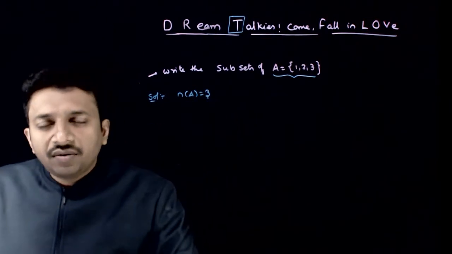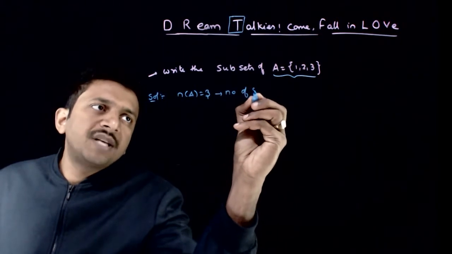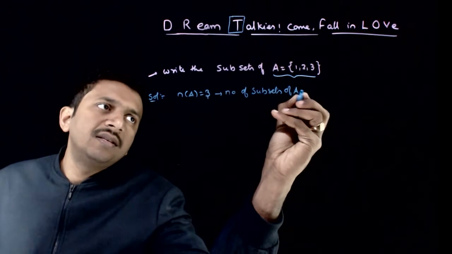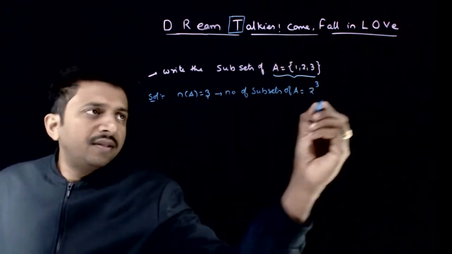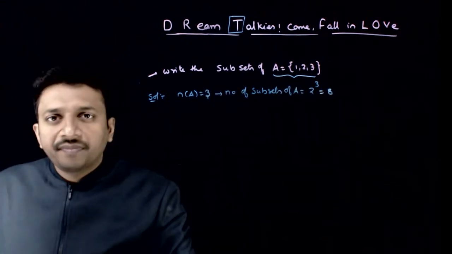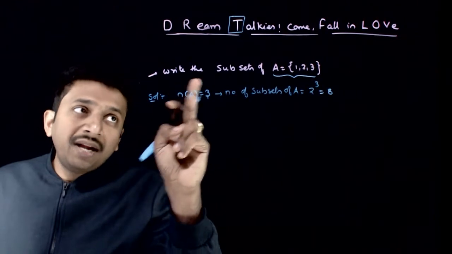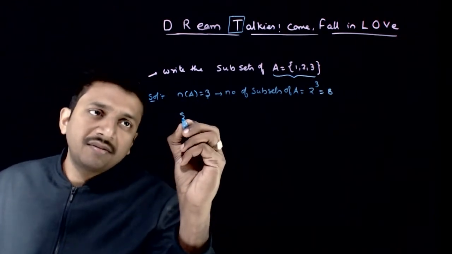So n of A is equal to 3. So this implies the number of subsets of A is equal to 2 power 3, right? 2 power n. That is equal to 8. So this set has 8 subsets and you are asked to write all the subsets of A. So let us write one after the other.